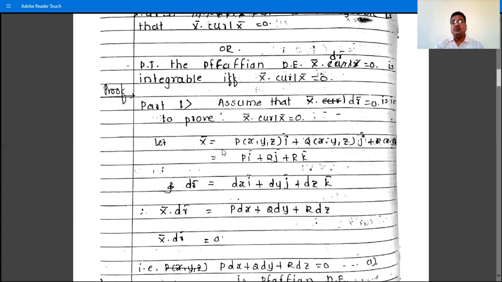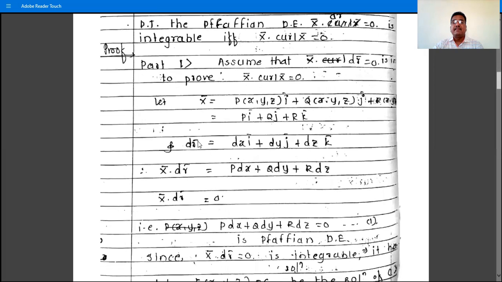So x bar is obviously pi plus qj plus rk, where p, q, r are functions of x, y, z. Right, this x bar is p(x,y,z) i plus q(x,y,z) j plus r(x,y,z) k. And dr bar is dx i plus dy j plus dz k.